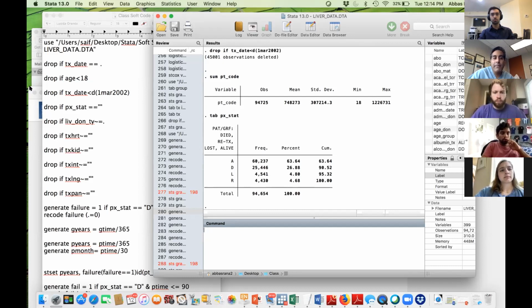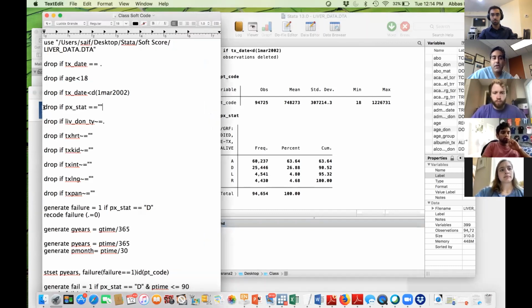I want to drop if it's blank. So I want to drop if there isn't a code for this variable, since it's so important. And it's categorical, you can see, because it's A, D, L, and R. And so I have to use double quotes instead of the period. Period was for continuous, double quotes are for categorical. Drop if patient status is equal to blank.